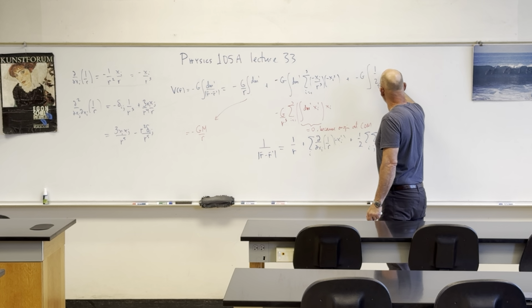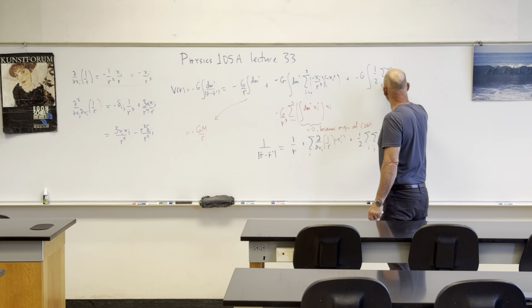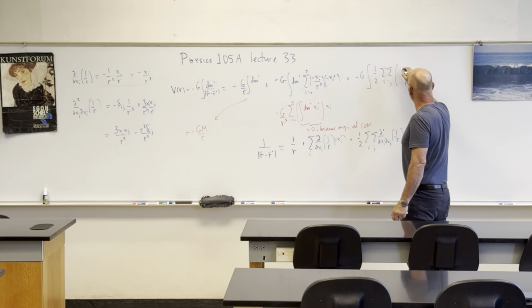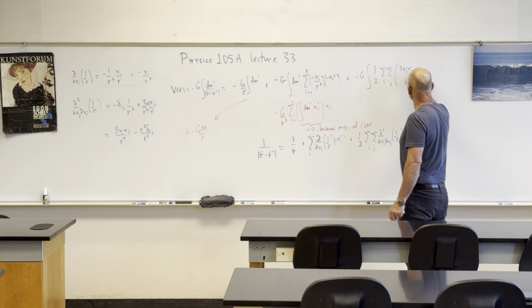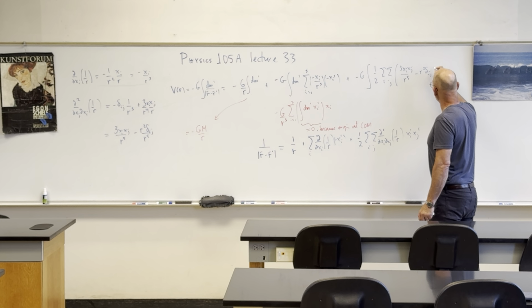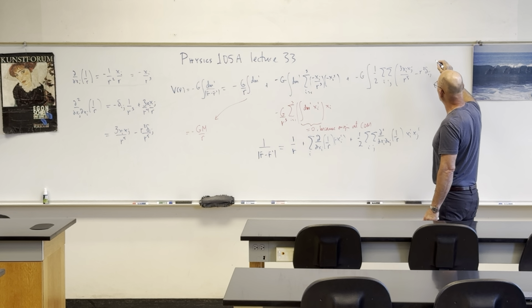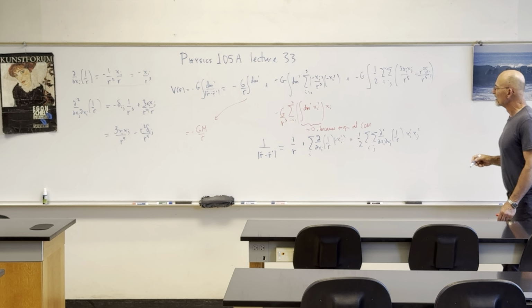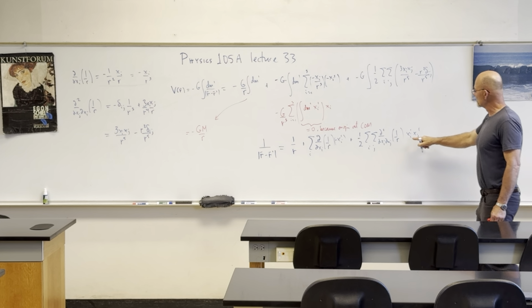We've got 1/2 double sum over ij of 3 xi xj over r to the 5th minus r squared delta ij, also over r to the 5th, and then xi prime, xj prime.